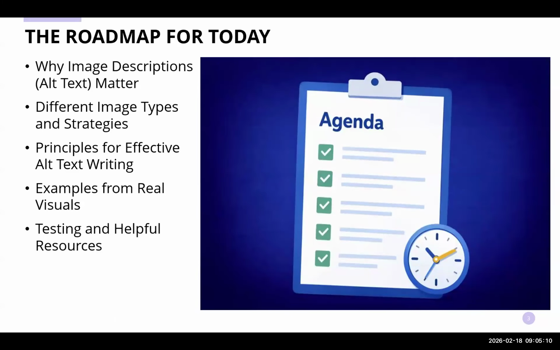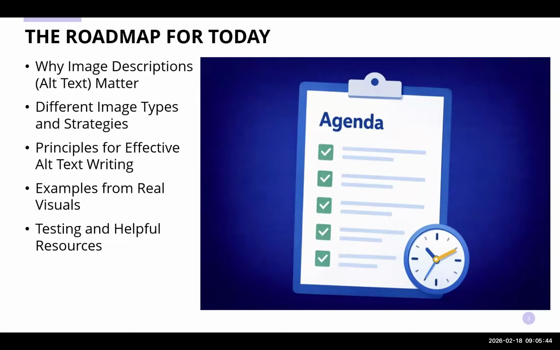Let us take a quick look at what we are going to cover today. First, we will talk about why image descriptions really matter, not just from a legal perspective, but from a teaching and learning perspective. Then we will look at different types of images and how the approach changes from decorative images to complex ones. We'll also look at some core principles to help you write descriptions that are clear and effective without feeling overwhelmed.